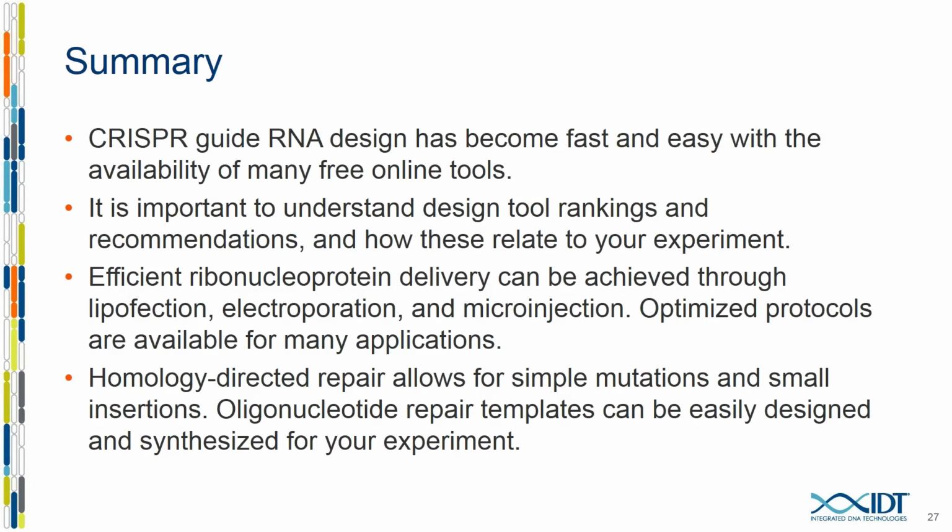Of course, efficient ribonucleoprotein delivery can be achieved through any of the delivery methods that we discussed, and there are optimized protocols for all of these and many applications on the IDT website. And then if you do decide to try homology-directed repair, it's a great way to introduce simple mutations and insertions at your target CRISPR site. The repair templates are pretty easy to design, and they're synthesized quickly for your experiment.